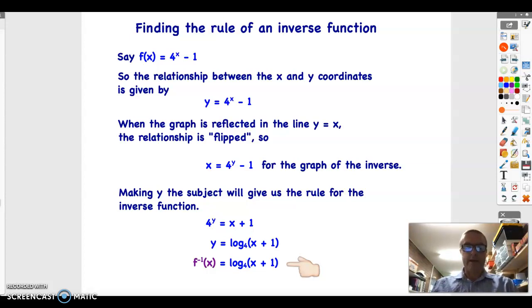Notice that I didn't just leave the equation in terms of x and y. I've used the correct notation to denote the fact that this is the inverse function of f. This is particularly important for VCE students.